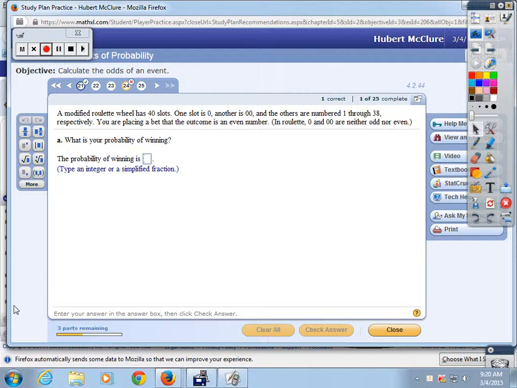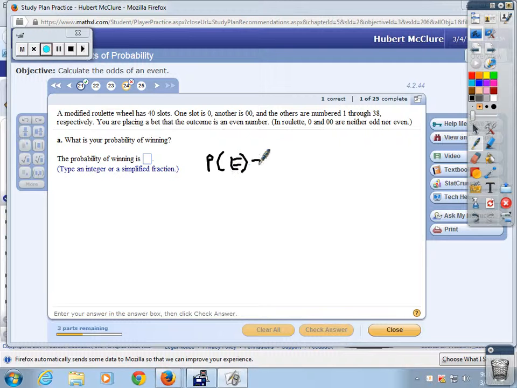Let's see, 38. Half of 38 is what, 19? So probability of success, or what is it, even, is equal to 19 over 38. Probability of not even, 40 minus 19. Wait a minute, that should be 40.